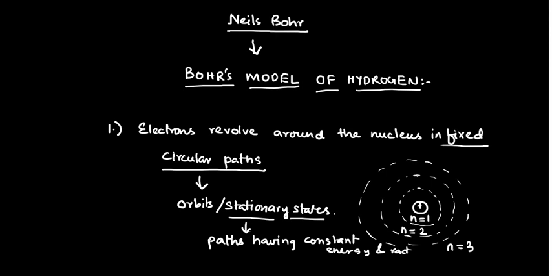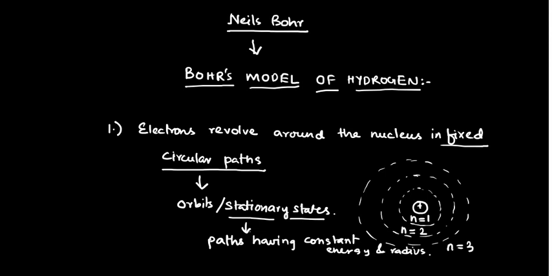Okay, so the radius of those paths or orbits were fixed and their energy is also fixed. So the electron is not going to follow a spiral path and collide with the nucleus. Okay, so again I am repeating, the above point eliminates an important drawback of Rutherford's model, right? Okay, so from here we can say that the atom is not going to collapse.